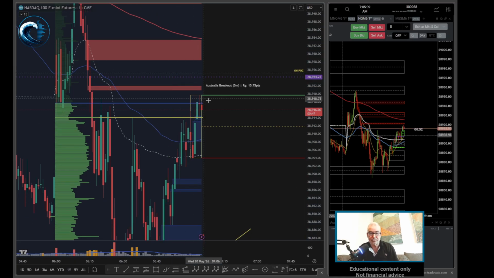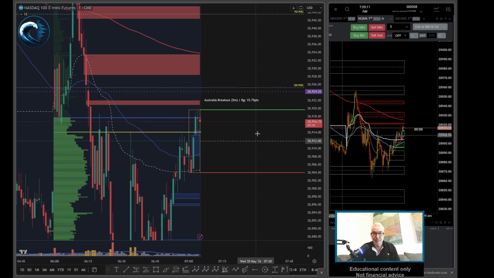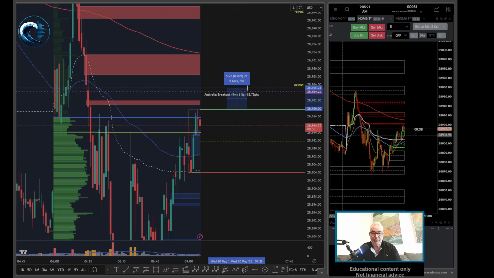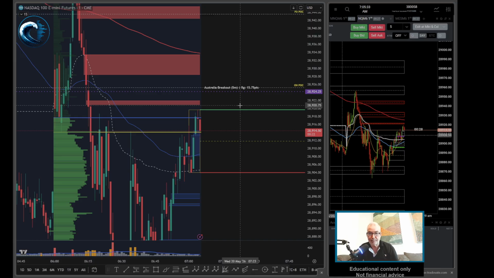Get rid of that. And what sort of move have we got here? It's only 5 points, so I'm not going to worry about that. If that was down here, and I wanted to take just a little base hit, a little stab at it, I might have considered that.